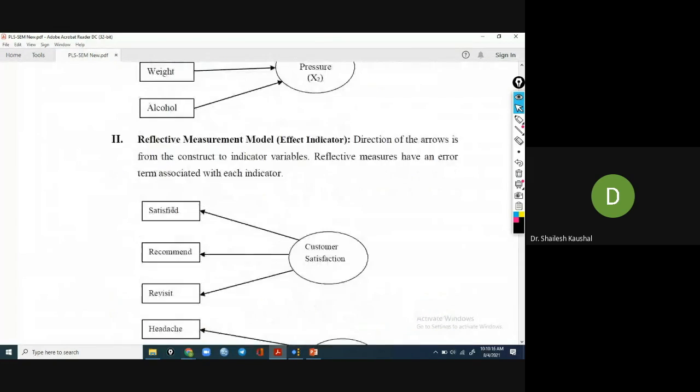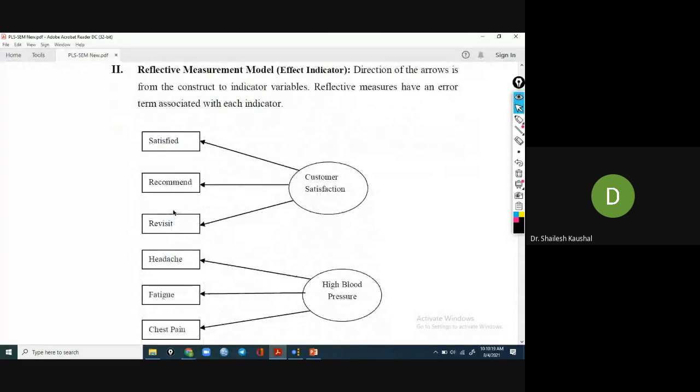Okay, and this is our reflective measurement model. The direction of the arrow is from the construct to the indicators. Reflective measures have an error term associated with each indicator. This is my x1 and this is y1, and another term I did not include here is the error term, sigma 1. So these are reflective because the arrow goes from the oval shape to the rectangle. Take customer satisfaction: how will we find customer satisfaction?